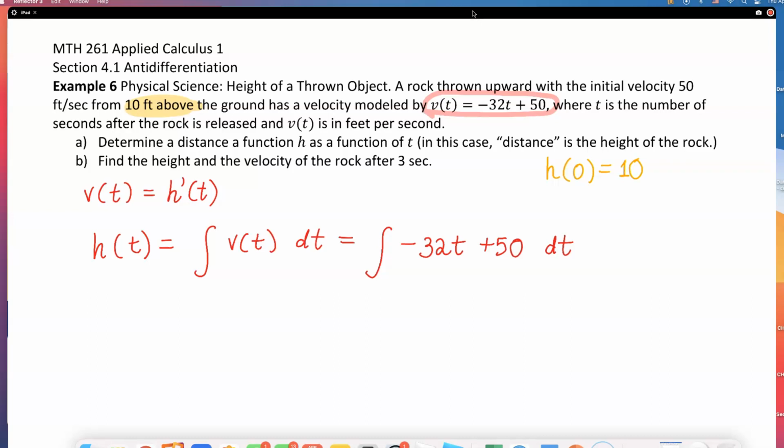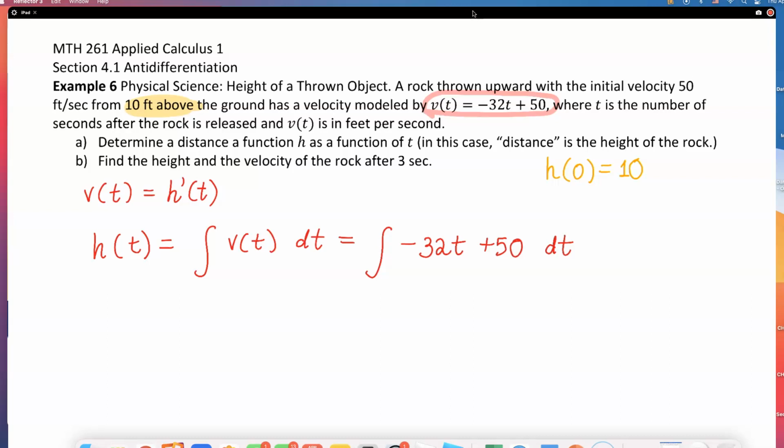How could that happen? Maybe somebody is standing at a 10 feet height, or standing on something. So this object is already 10 feet above the ground.